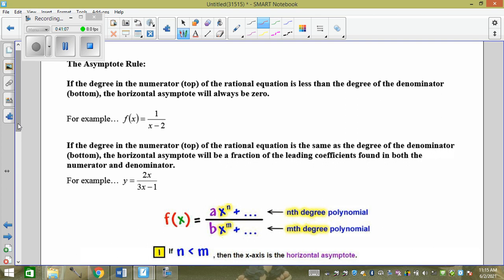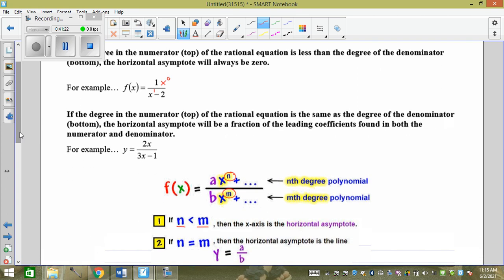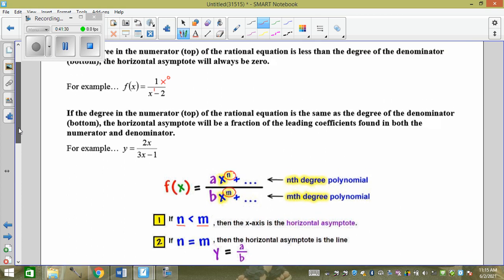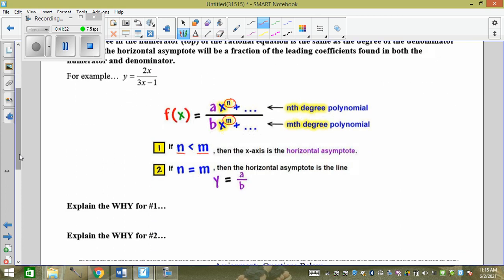So this one is technically x to the 0 and x to the 1. So the degree of my numerator is less than the degree of my denominator. This is smaller than this. What I said to you is if the numerator has a number and the denominator has a variable, the degree is smaller, right? It'd be x to 0, x to 1.